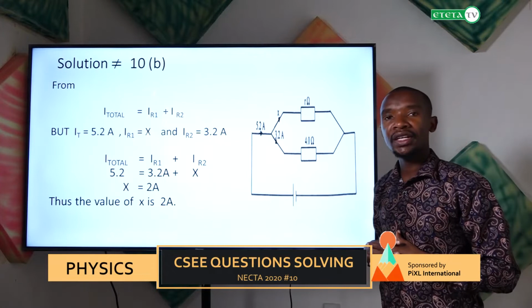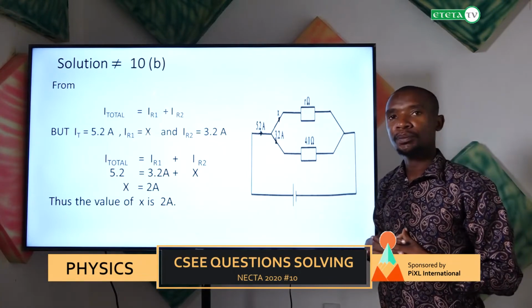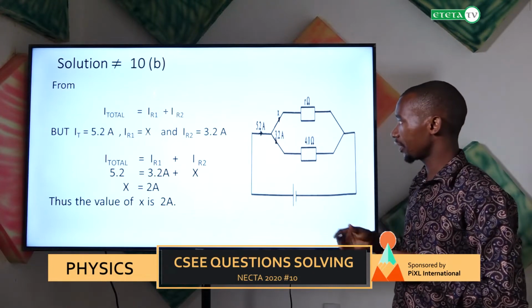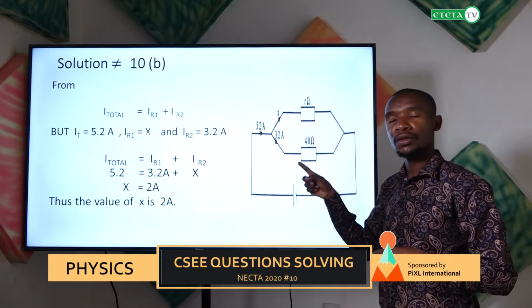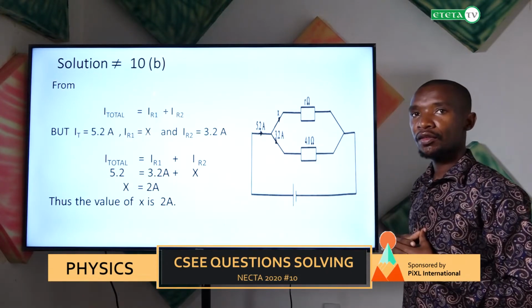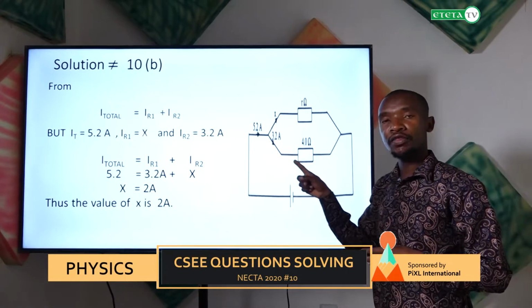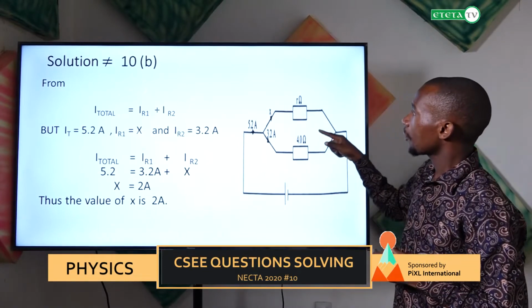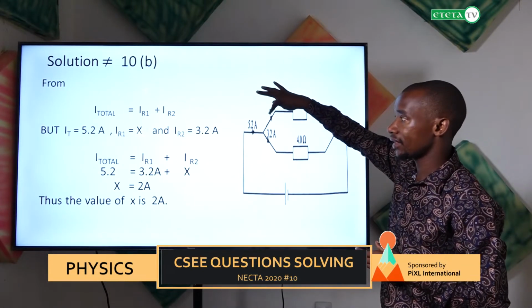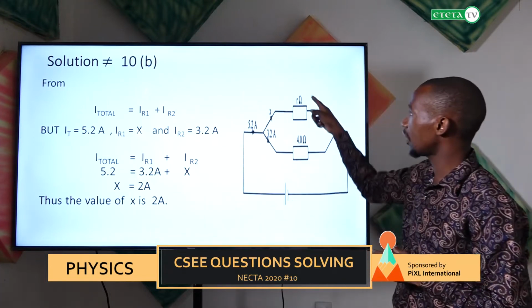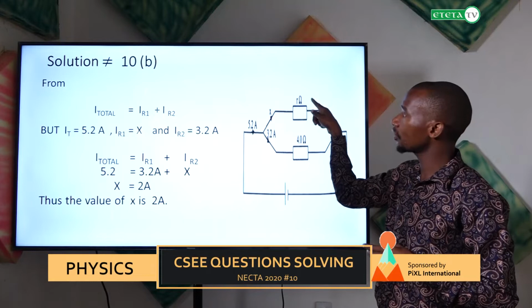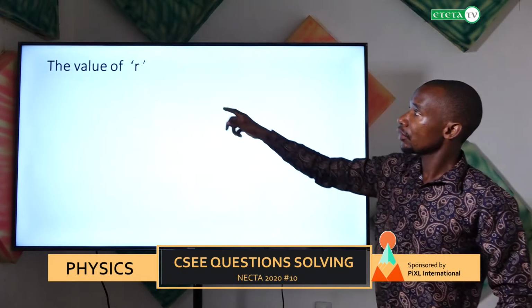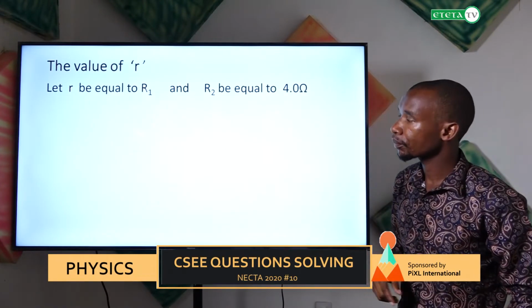In order to find the value of this unknown resistor, first of all, we have to find the potential difference across this 4 ohm resistor. If we are able to get the voltage across this resistor, we can use this voltage together with the value of current here, which is 2, to find the value of the unknown resistor, which is given by small letter r.